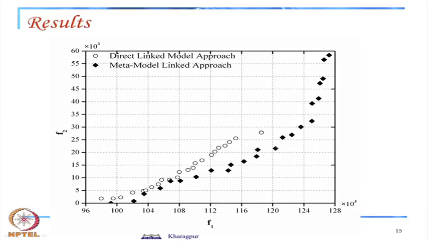So, we can see that the meta model based approach is giving almost equal or better result compared to our direct linked simulation optimization model.